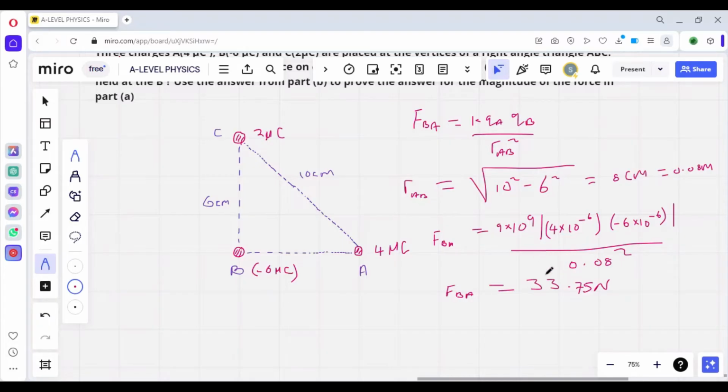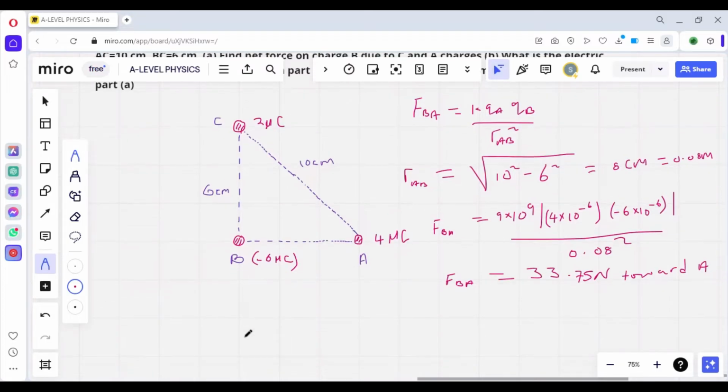I've just taken the magnitude, but we will have to consider it. So, since this is a negative charge and this is a positive charge, B is attracted to A. Charge B is attracted to charge A. So the force is toward A.